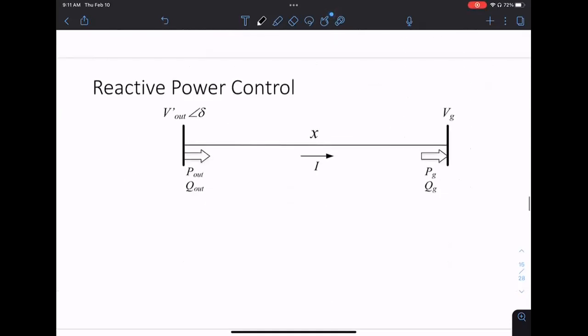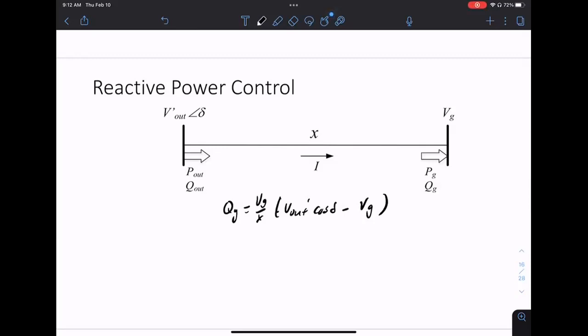So the nice thing about reactive power is, if you look at those 2 equations, this is VL prime. Reactive power, the sign of reactive power, is determined by the sign of this term inside of it.